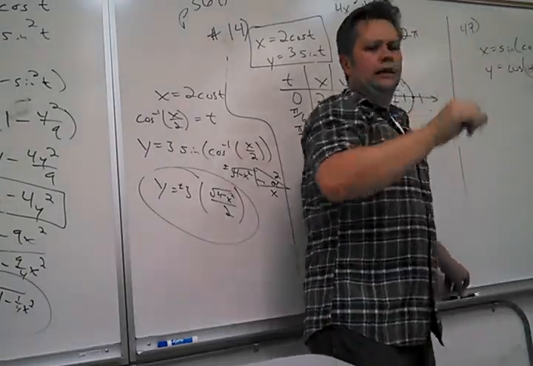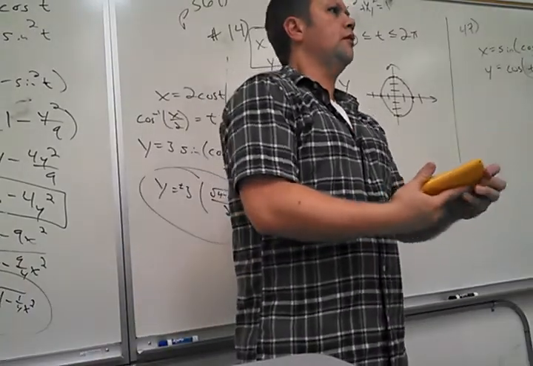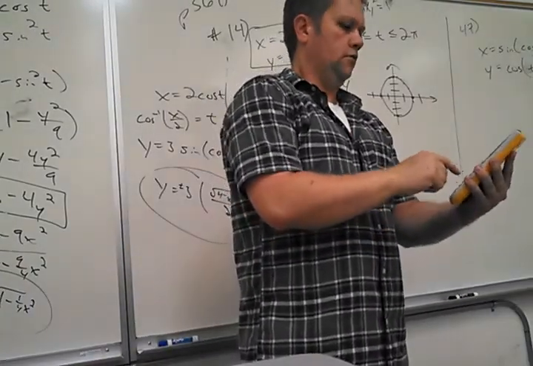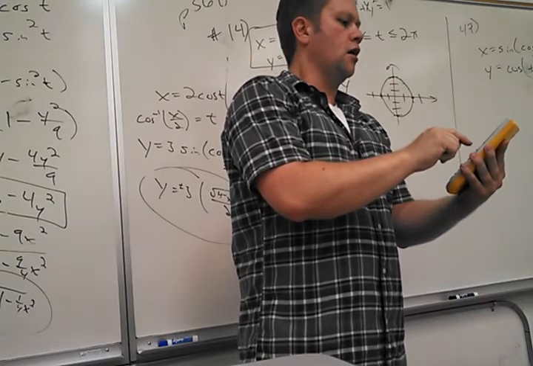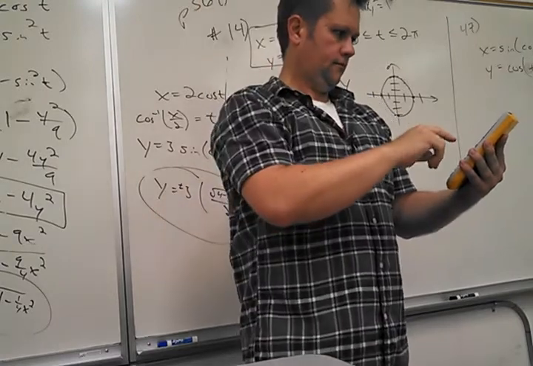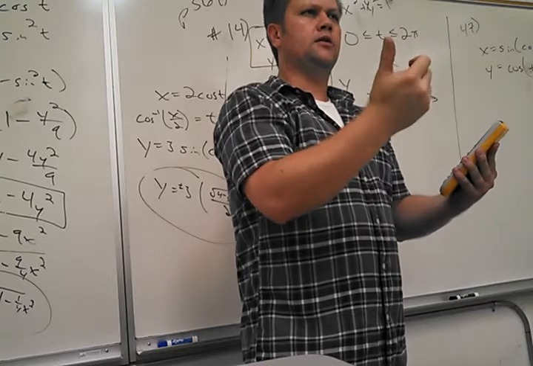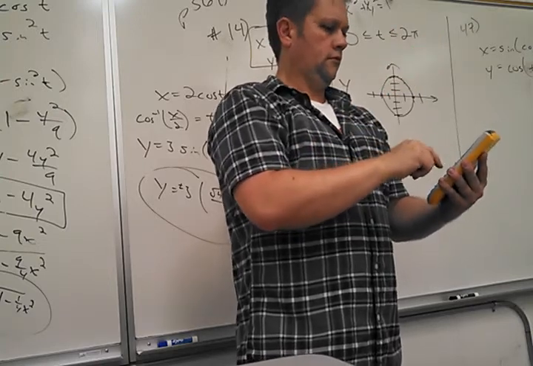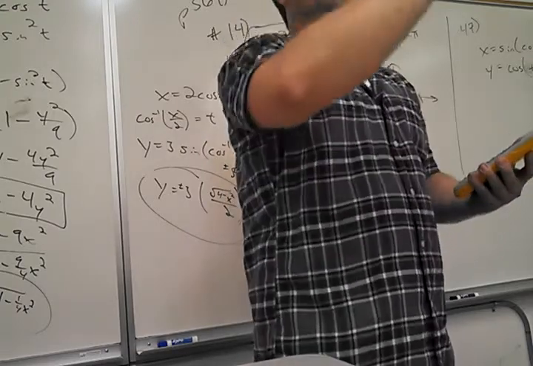Try to graph that in your graphing calculator. Now, most of you are probably on what mode? Polar. Yeah, so go down and change it to parametric. And make sure you're in radians also. So now when you go to y equals, it should show you x1t, y1t.